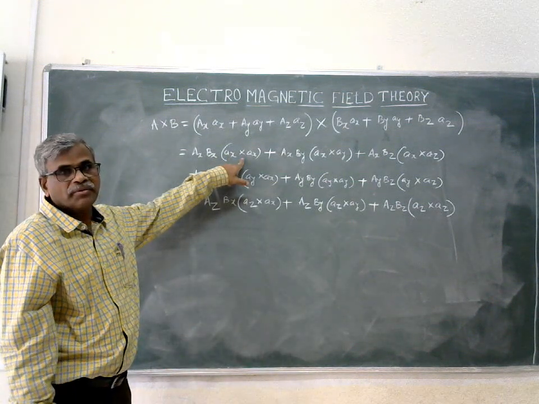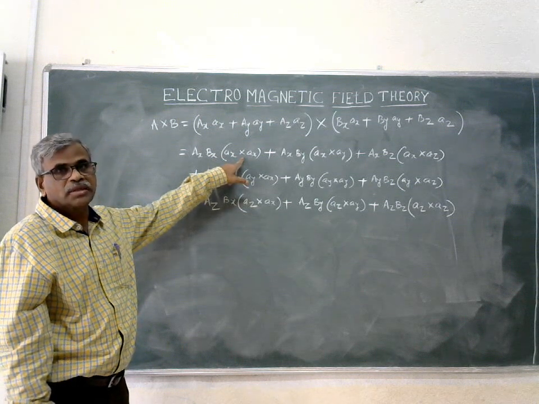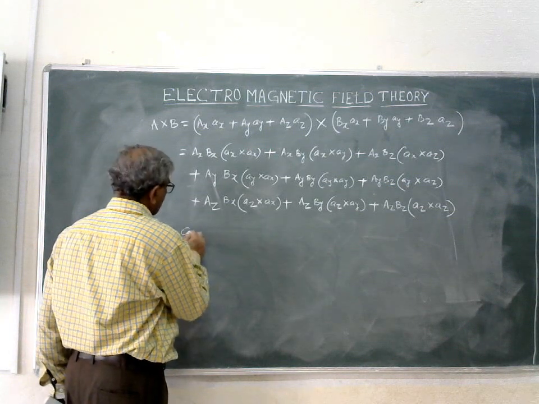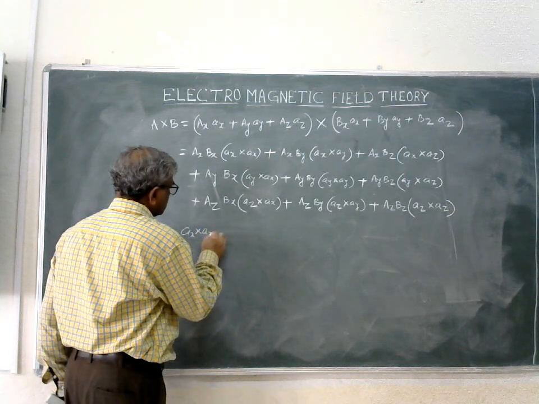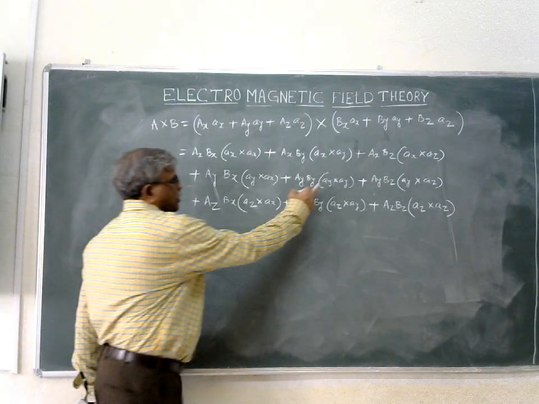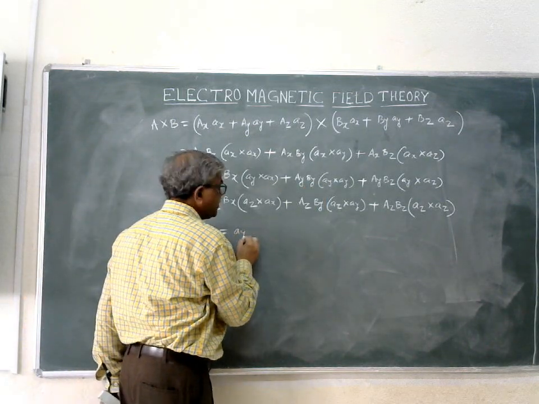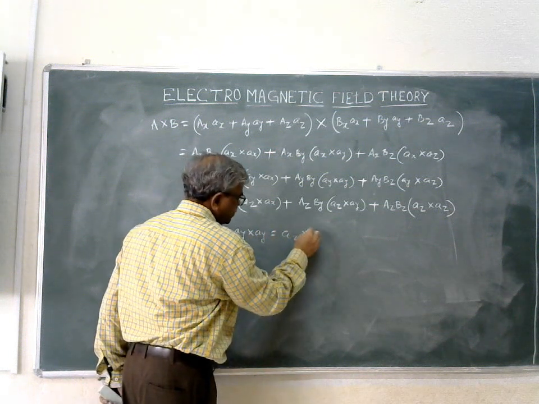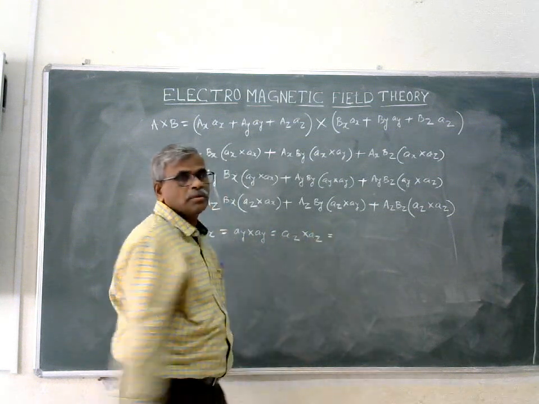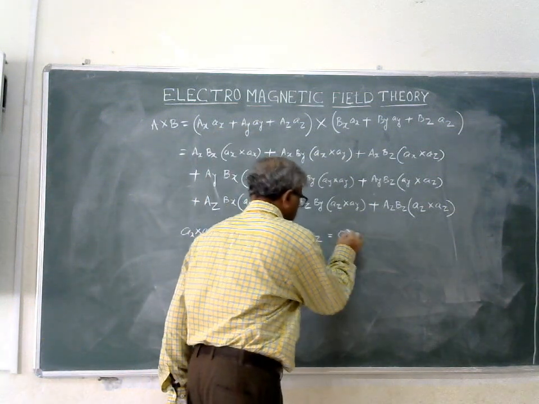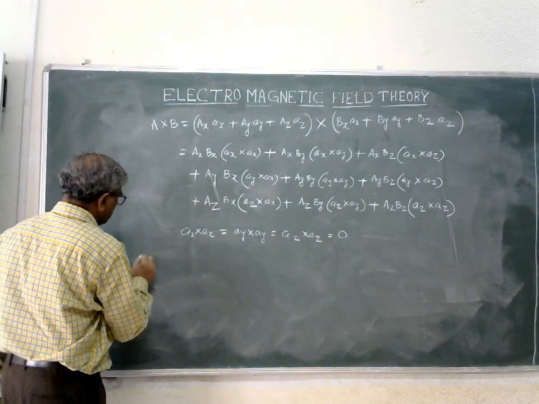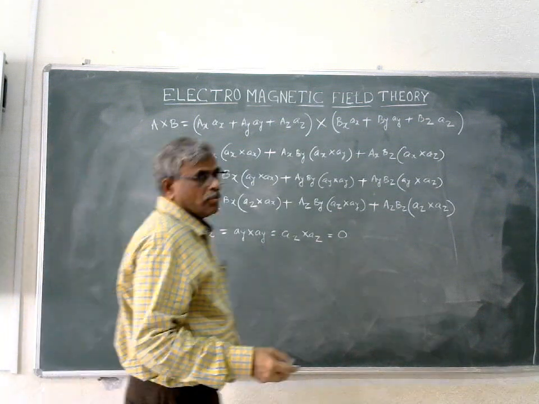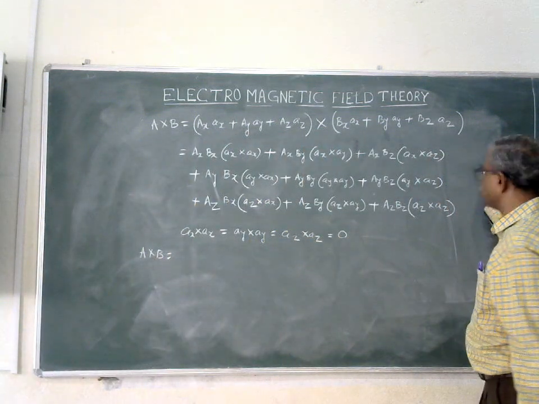The angle between the same vectors is 0, and sin 0 is 0. So ax cross ax, ay cross ay and az cross az are all equal to 0. So for the remaining terms, we follow the right-handed screw.